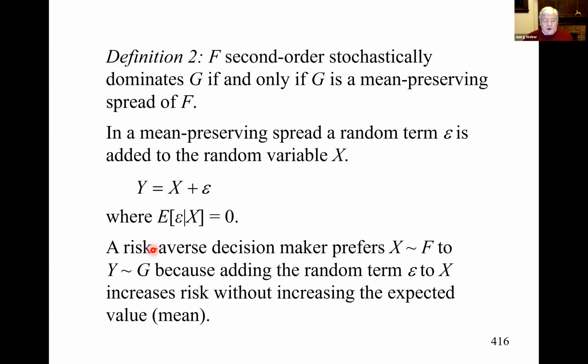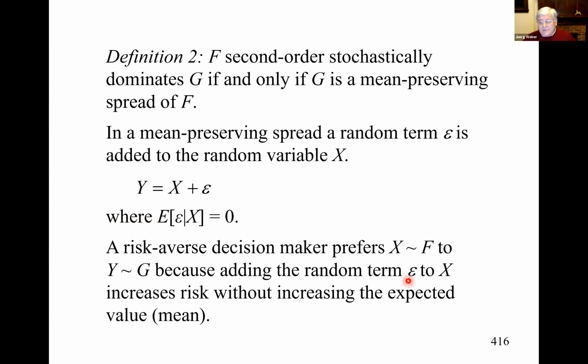Now, a risk-averse decision maker prefers x to y, because y will have a bigger spread than x. It's the same mean. You see, it's mean preserving. By assumption here, the mean of epsilon is 0. But epsilon will increase the spread, will increase the standard deviation.